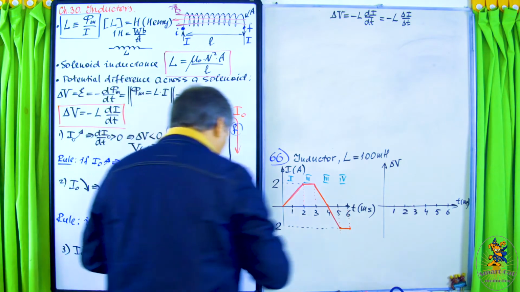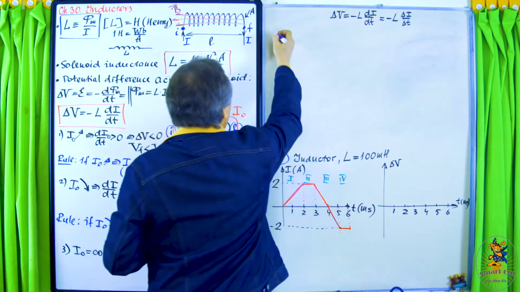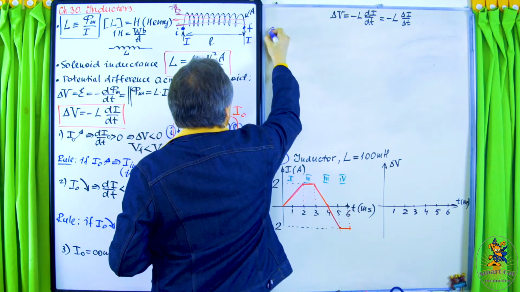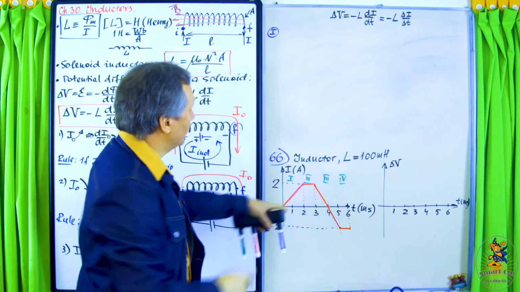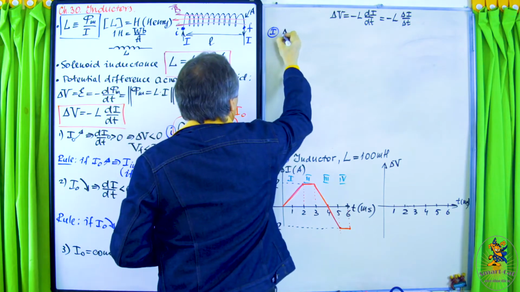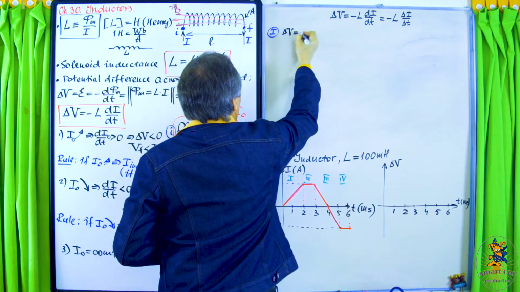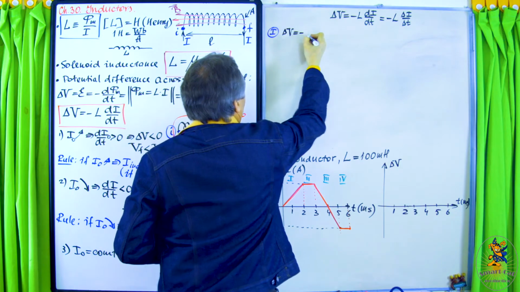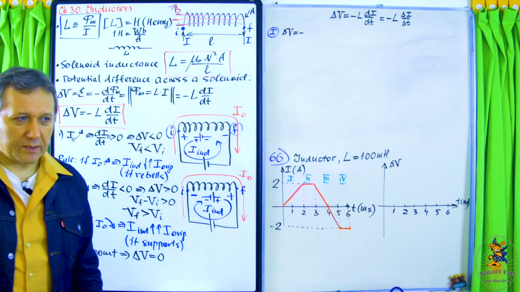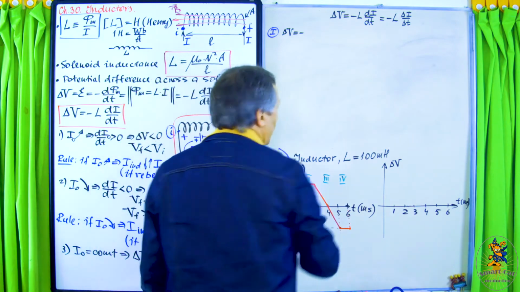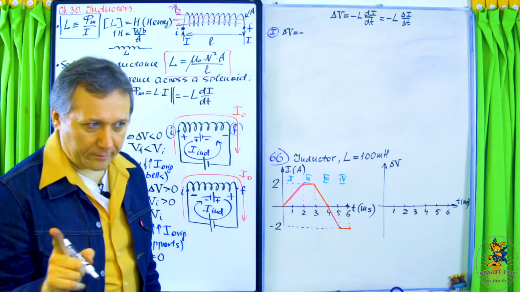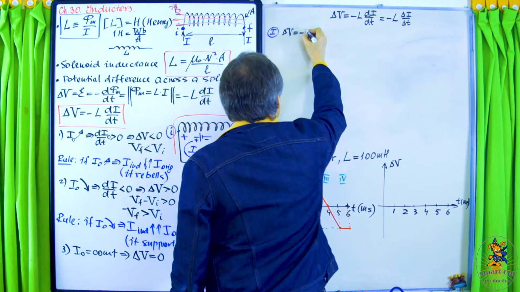Okay, so now let's do section number 1. Delta V over here will be, of course, minus. You know what? I will start writing numbers immediately. 100 millihenry, so it's 0.1 Henry.